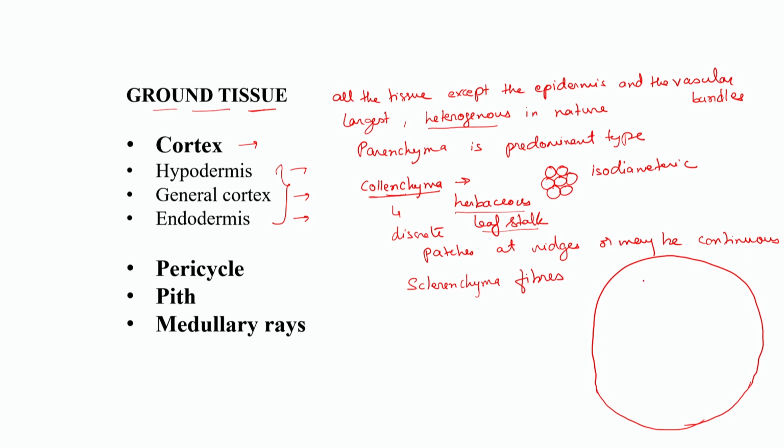So you will have epidermis, and then you will have a layer of hypodermis, followed by cortex, then you will have endodermis.